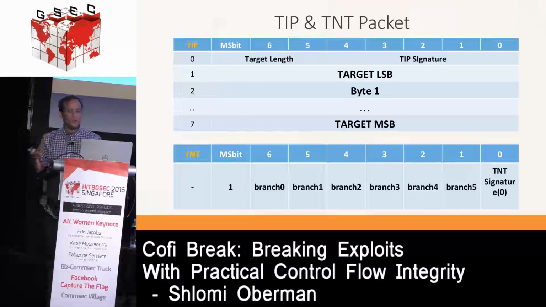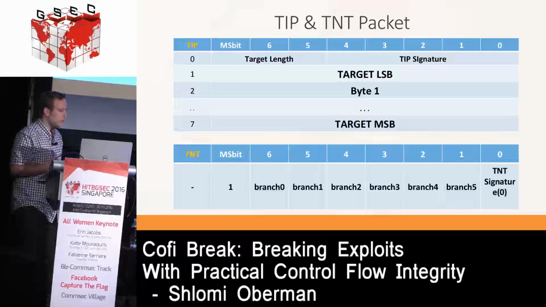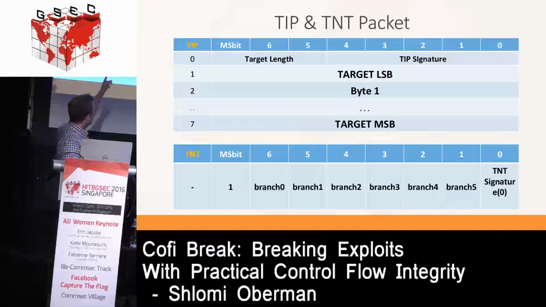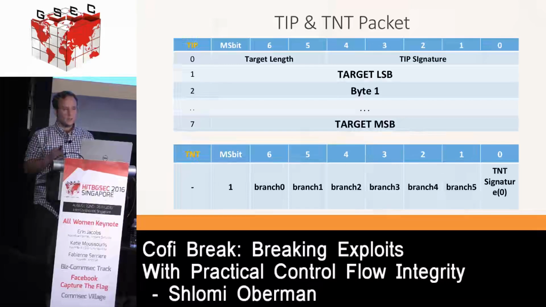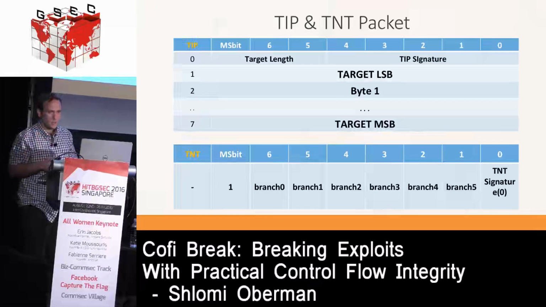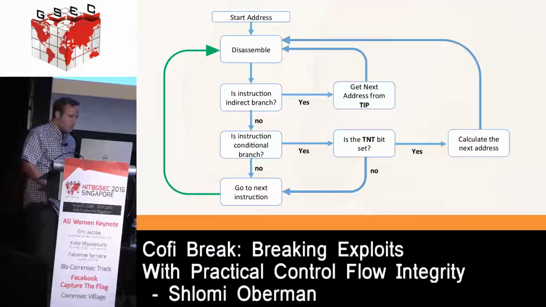So every bit will be either 1 or 0, and this will tell us if the branch was taken or not taken. Pretty simple. You can also see that the TIP packets have a length. This is a method of compression. If the target or some bytes of the target are the same as the previous address, they will be omitted to save space.